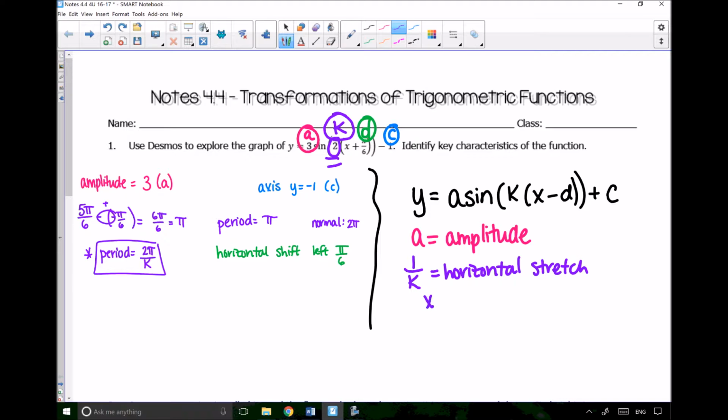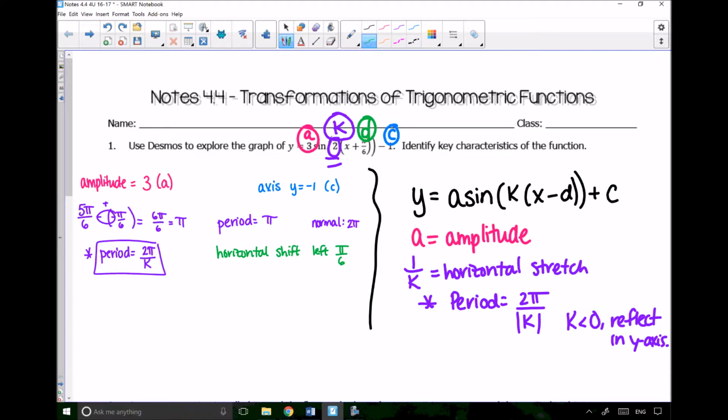But a key piece of information is that the period, and we already wrote this down, is equal to 2 pi over k. But we want to put k in absolute value bars because it doesn't really matter if k is positive or negative with regards to our period. But if k is less than 0, then that means that it's going to reflect in the y-axis. Okay?